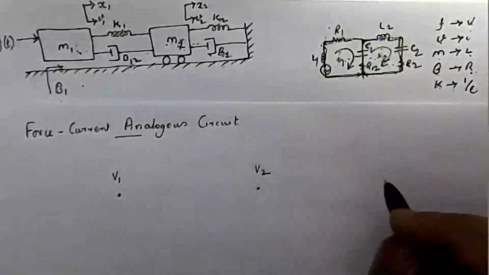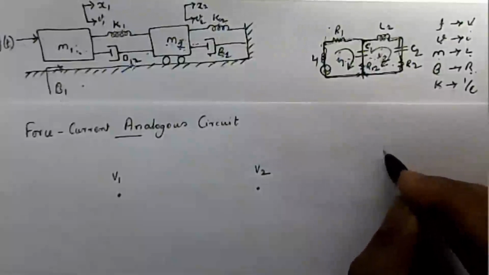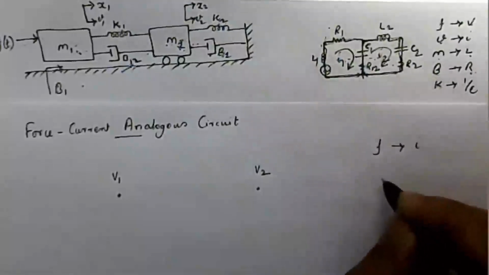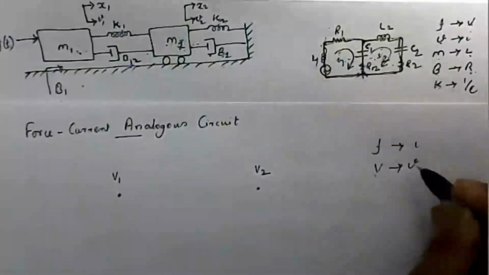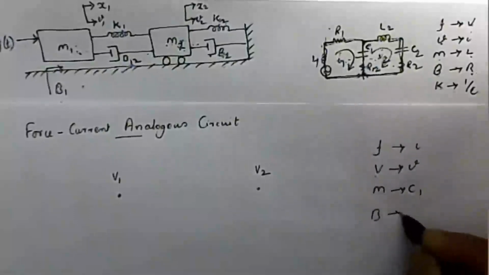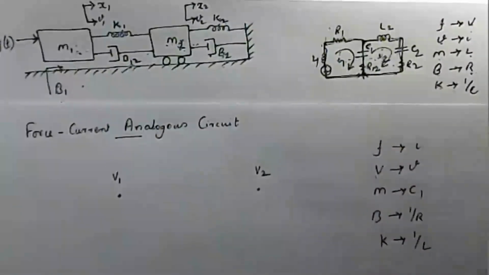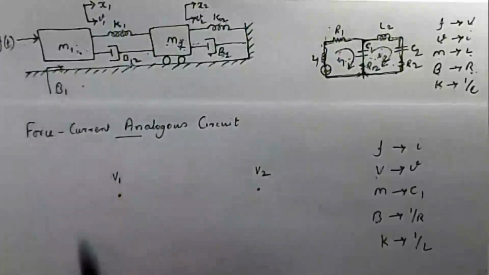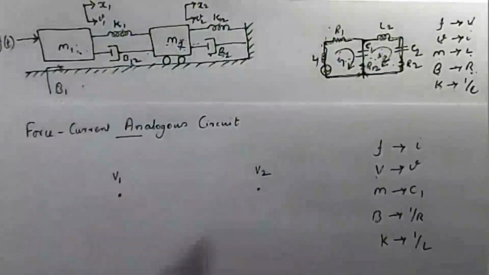Now let's note the analogous quantities, then we can easily draw this circuit. The force current analogous quantities are: force is current, velocity is voltage, M is C, B is 1 by R, K is 1 by L. The individual branches are drawn perpendicularly, and the common branches are drawn between these two nodes.